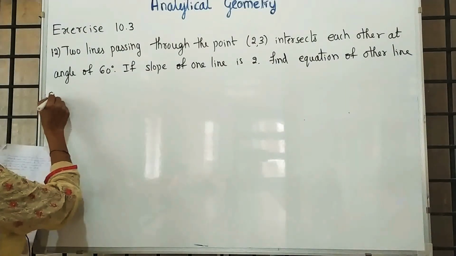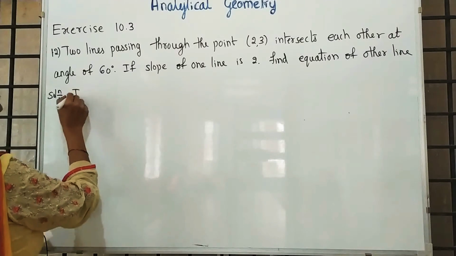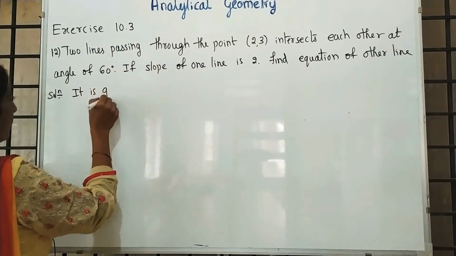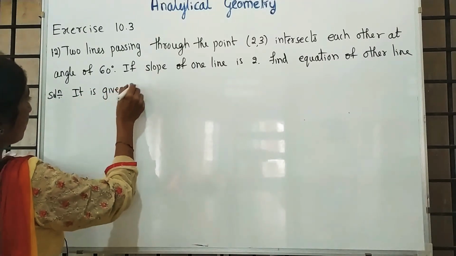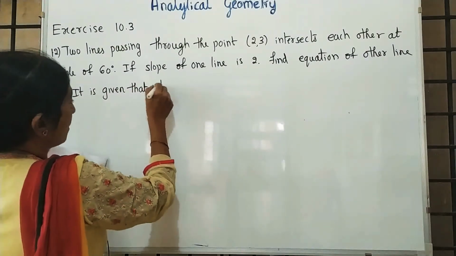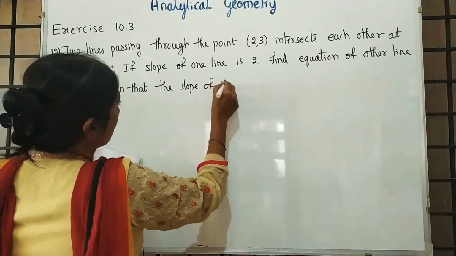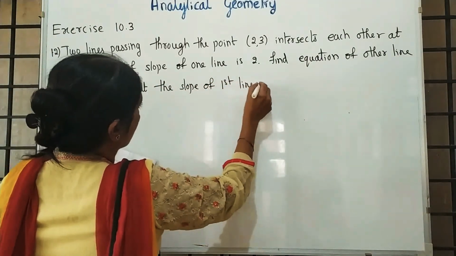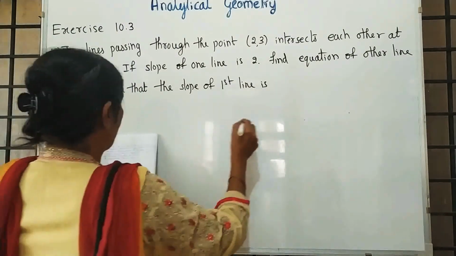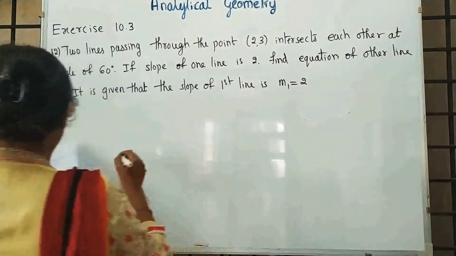So it is a little bit lengthy but interesting. See here, it is given that the slope of the first line is m1 is equal to 2.